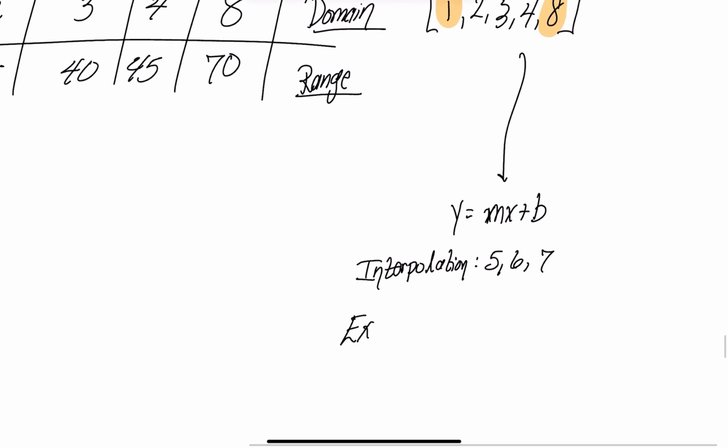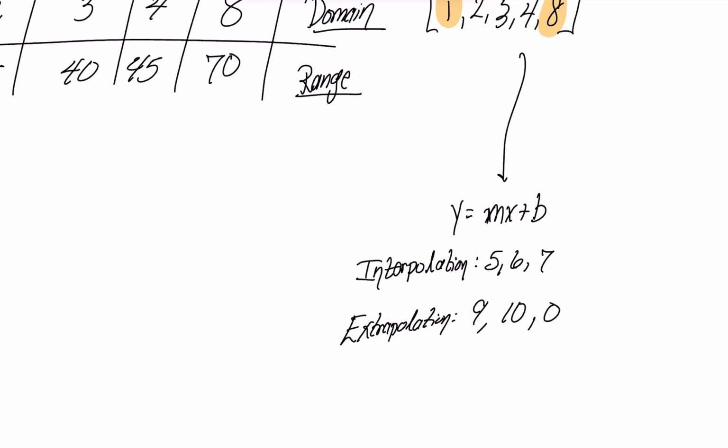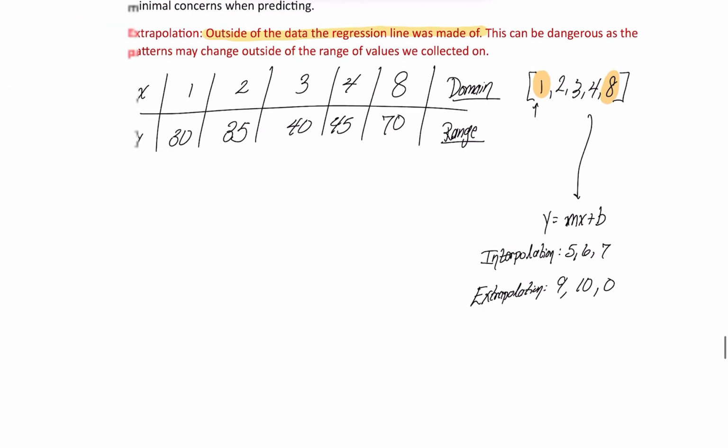Okay, extrapolation would be outside of this domain. So like the number 9, like the number 10 would be outside of this range because it's greater than 8. Similarly, if we wanted to find the value for 0, that would be outside of this range as well because our minimum value is 1.